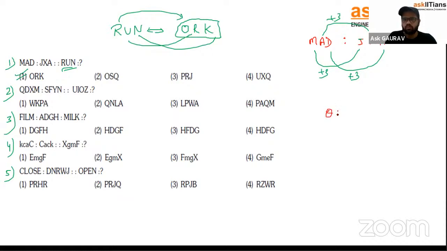QDXM is to SFYN. First, identify the pattern and then tell me the answer. Identify the pattern, guys.